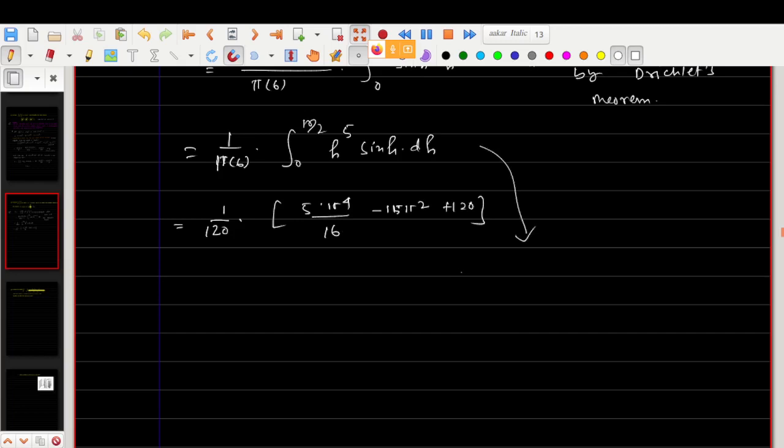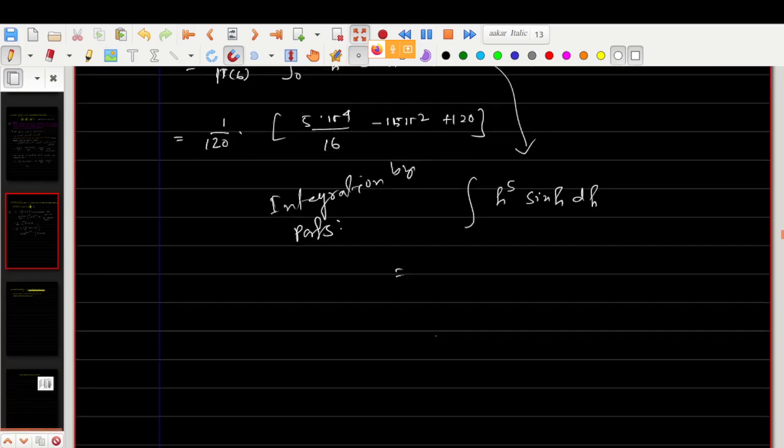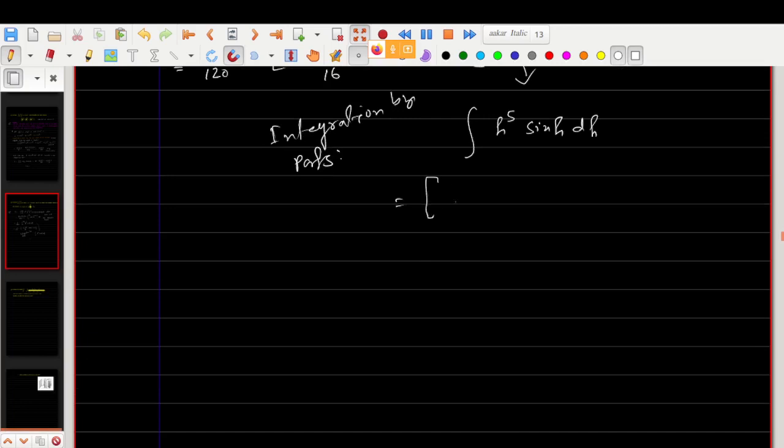So let me write here the integration of h power 5 sin h, integration by parts. That is actually equal to h power 5 sin h integration.